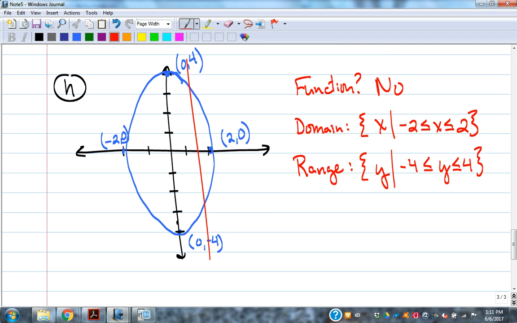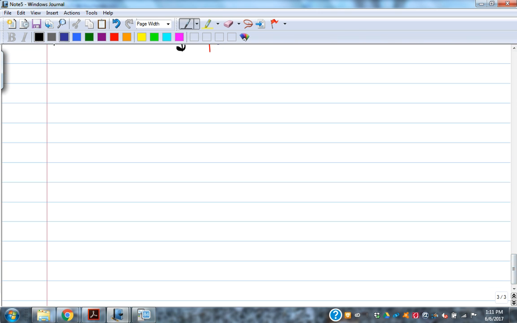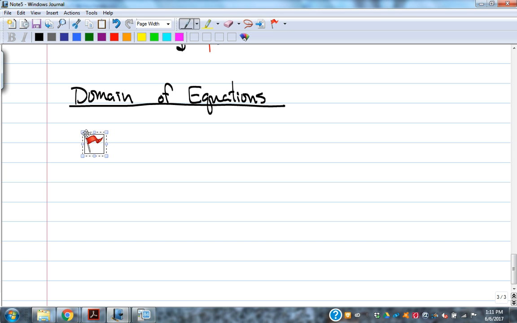All right. Now, let's talk about it with equations. We've looked at a couple with the graphs. You've got to see it and remember, domain is left to right, range is up and down. So with the graphs, you're looking for it. With equations, so domain of equations, there's a couple of red flags that we have to look for, okay? There's only two of them that cause problems with domain.